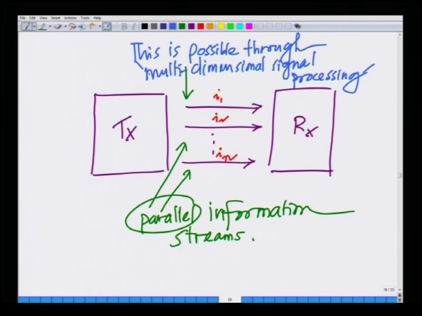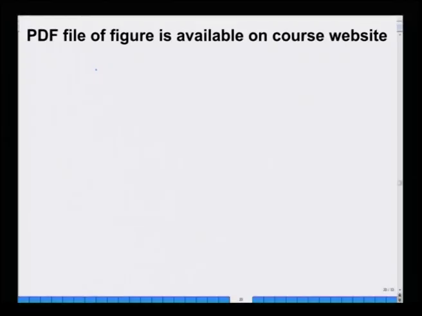In a MIMO system, I have T transmit antennas. So, I am transmitting T symbols from the T transmit antennas. Let me denote the symbol transmitted from the first transmit antenna as x1, the second transmit antenna as x2, and so on up to the Tth transmit antenna as xT.